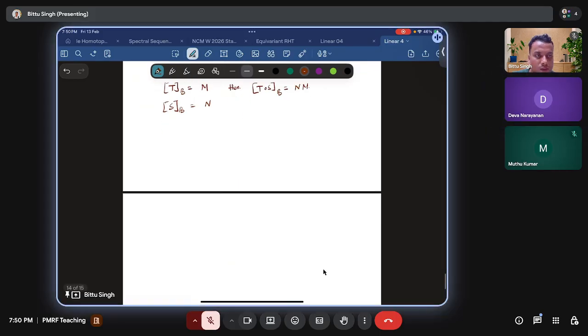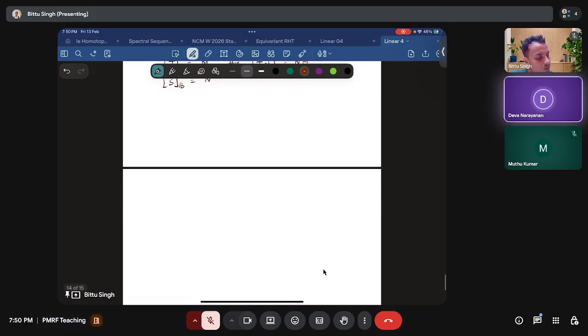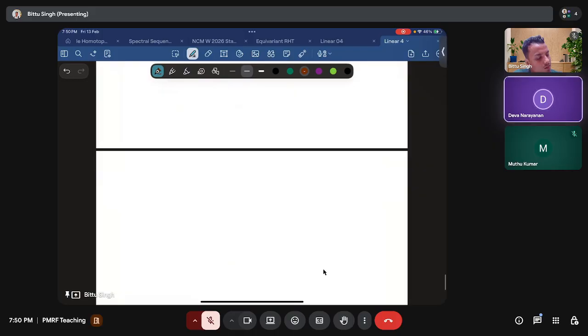Can you state the question? For each matrix A in M2(R), the 2 by 2 matrices over R, they define a map T_A from M2(R) to M2(R) by T_A(B) equal to AB.